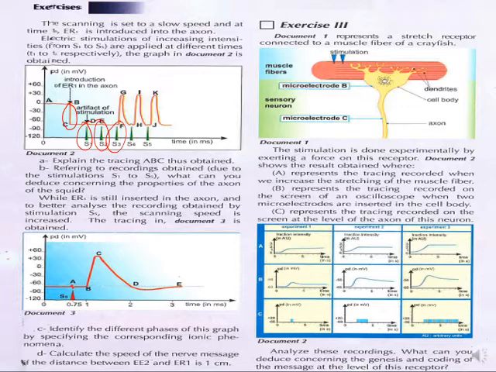S4 and S5: as we increase the intensity of the stimulus above S3, we get the constant maximum amplitude of 100 millivolts, from minus 70 to plus 30. This indicates that S4 and S5 are called effective stimulations.